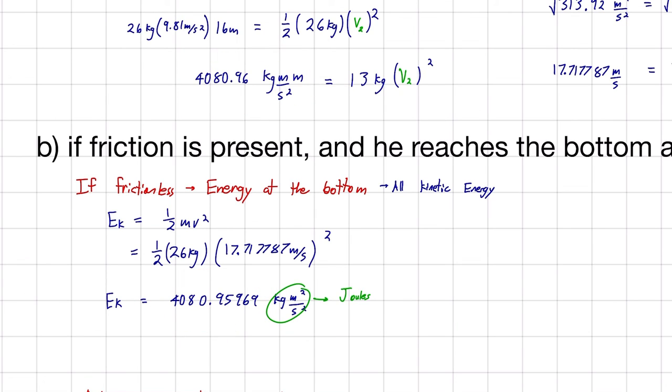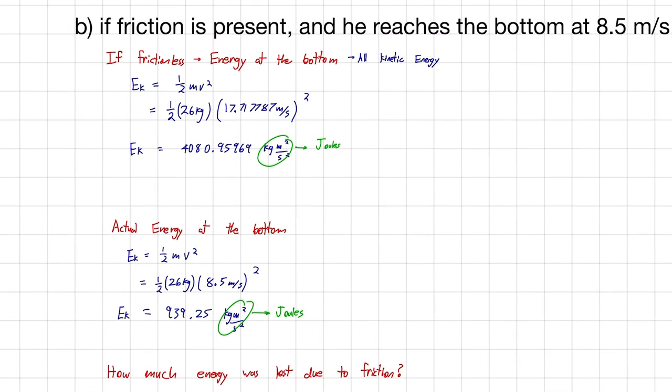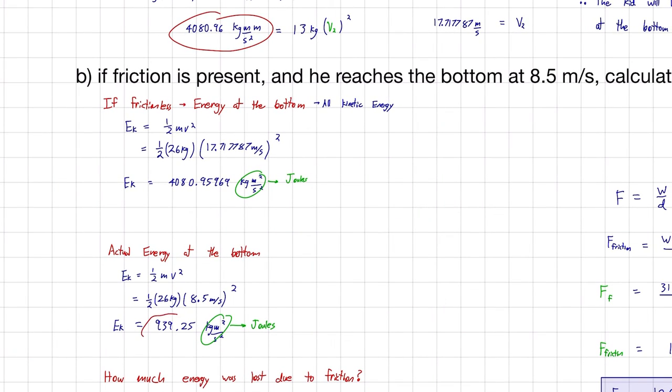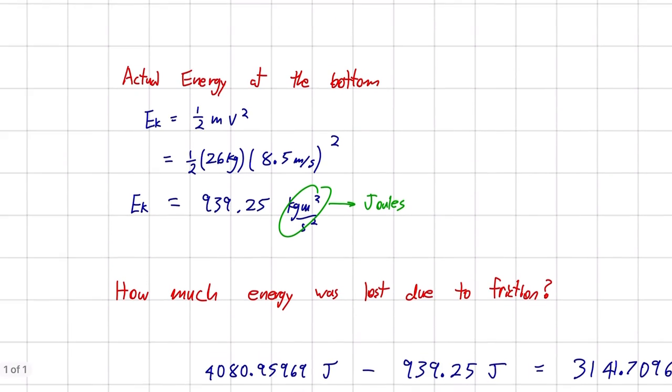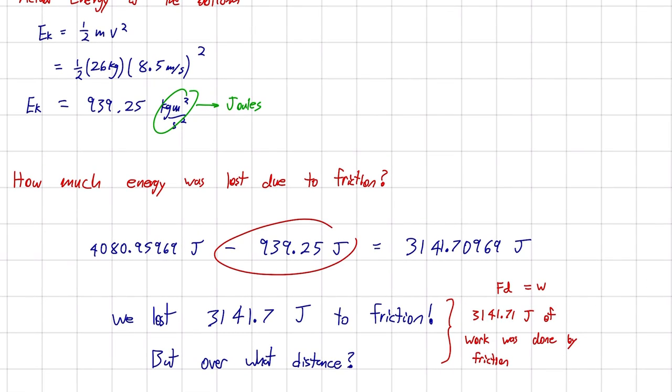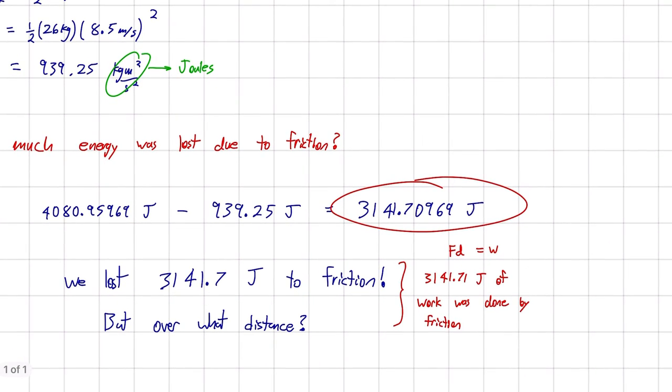Now, when we introduced friction, it almost appeared as though we actually lost some energy. And although you did lose some speed, there was actually no energy destroyed. Energy cannot be destroyed. So that energy had to go somewhere. The energy that was missing from this equation, where did that go?